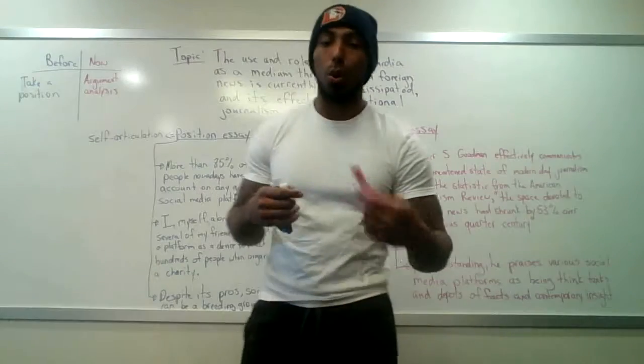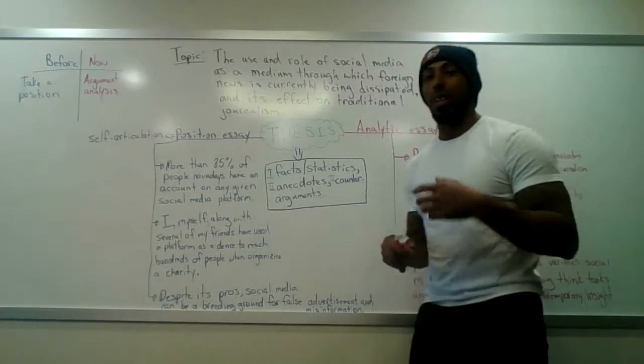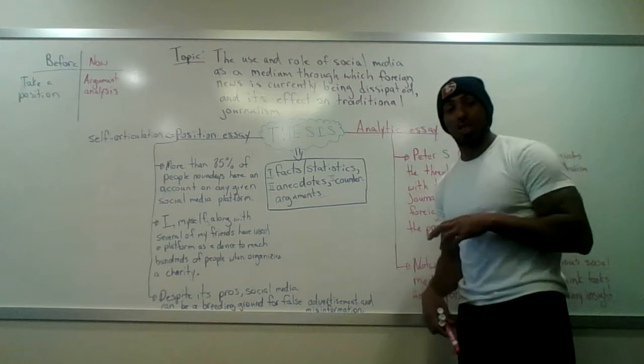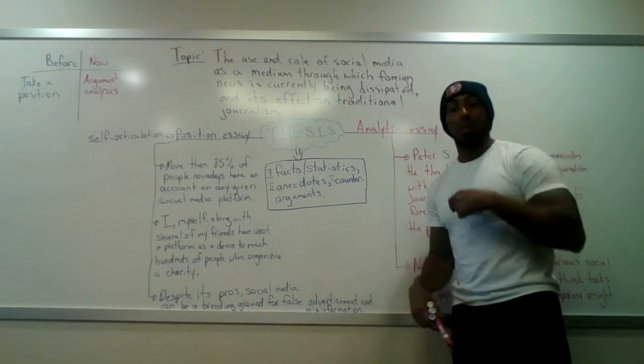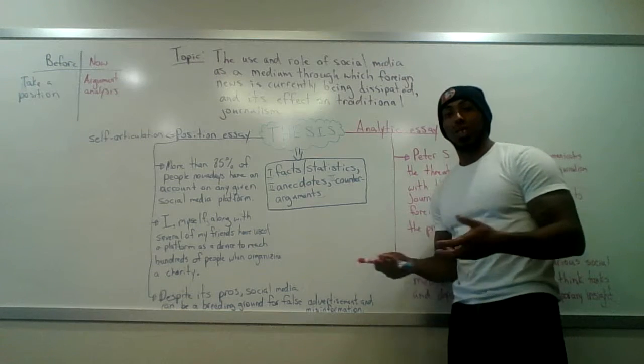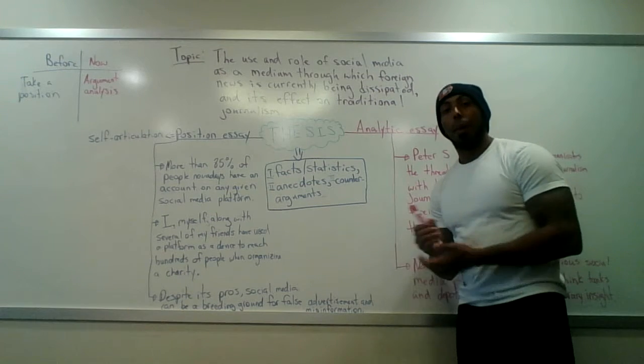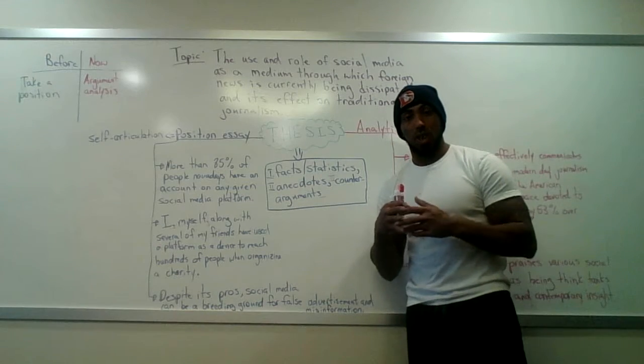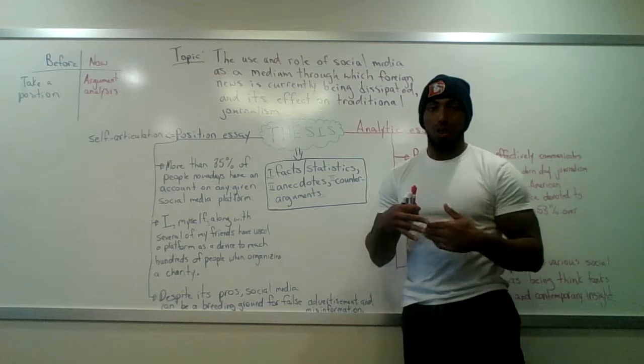But the way in which he approaches that is different from the way that it would be approached in a position essay, right? He's not necessarily taking a position, but he's saying the good things and the bad things about social media, and maybe some of the shortcomings of traditional journalism, right?